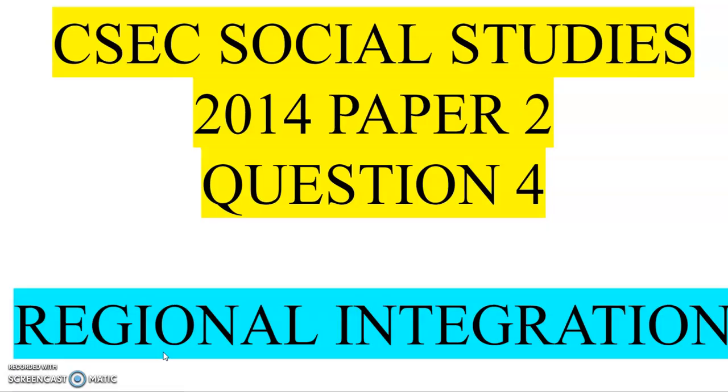But by practicing these questions, watching my videos, and learning tips and tricks on how to answer these questions, I know that you will be successful in earning the 20 marks allocated for the regional integration essay.